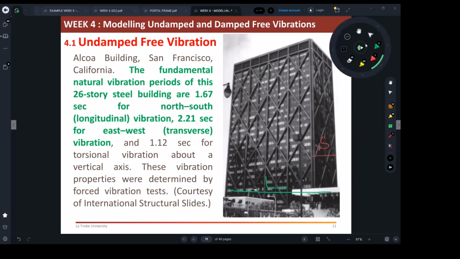Again, we're looking at this number. This building in front of you is reported to be a 26-story steel building. They're saying that its time period, Tn, is 1.67 seconds for the north-south.